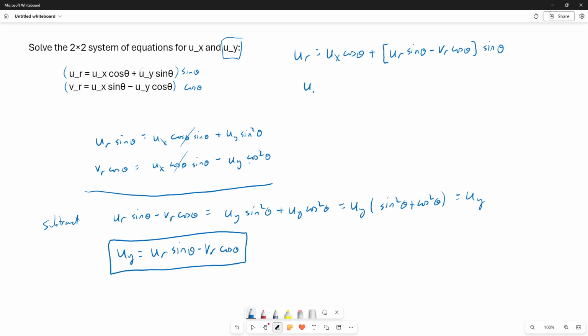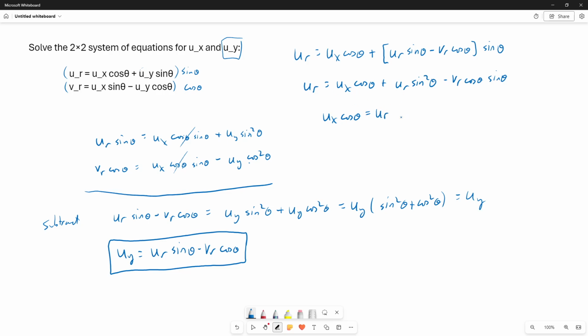So u sub r is equal to u sub x cosine theta plus u sub r sine theta times sine theta is sine squared theta, and then minus v sub r cosine theta sine theta. So since we want u sub x, let's move the other terms to the other side. So we have u sub x cosine theta is equal to u sub r.